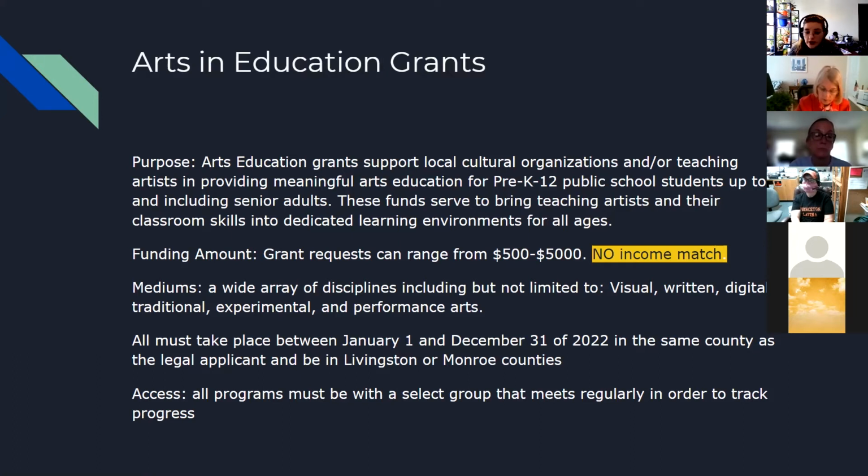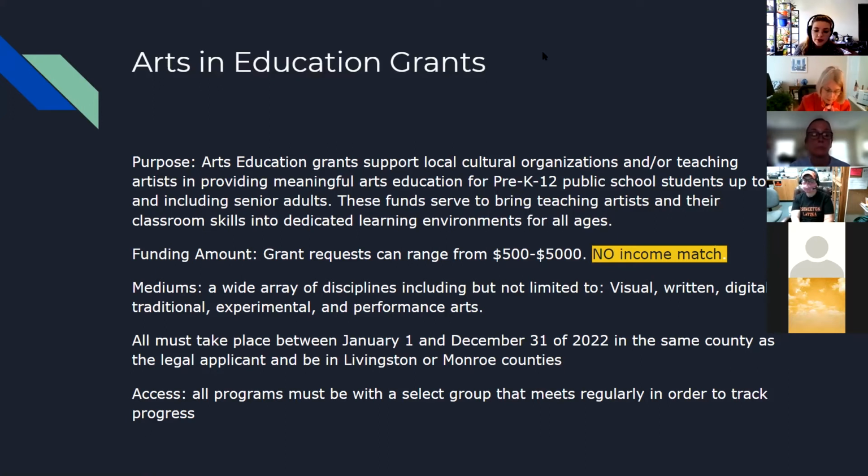This grant request can go from $500 to $5,000, and similar to the community arts grant, previously there was a 20% match requirement. This year, there is no match requirement. Again, I still highly encourage you to have some form of income aside from this grant on your application, but it is not required at this time. The mediums for this can cover a wide array of things, including visual, written, digital, traditional, experimental, and performing arts.